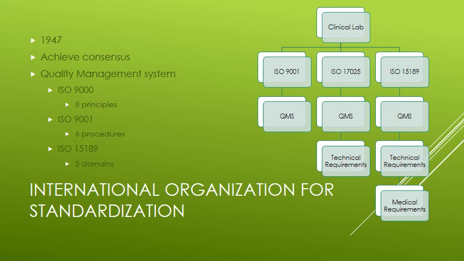It requires facts to make decisions. It looks for continual improvement, and it should emphasize a mutually beneficial supplier relationship between everybody involved. Okay, those are the 8 principles for ISO 9000.